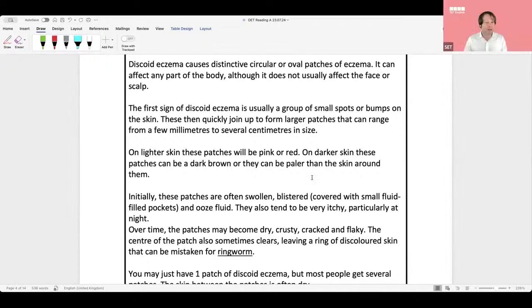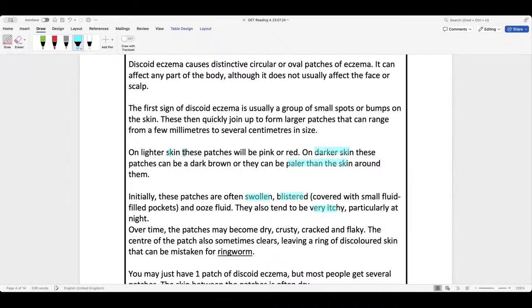Someone said thematic words. Who said that? Ethel, what are thematic words? In this text we have swollen and all these symptoms, like signs and symptoms, so we know that we are talking about signs and symptoms.